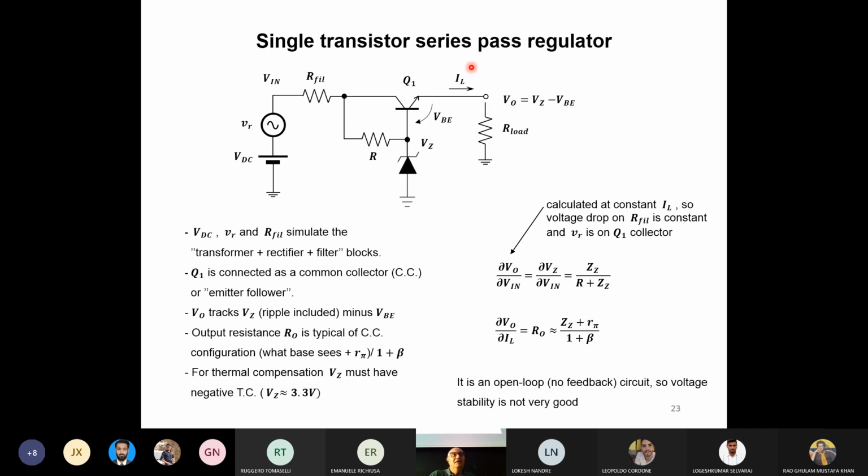So, in a second approximation, I must be sure that the base current of the transistor is not too large, that it is much smaller than the bias current for the Zener diode. Otherwise, if I take more than the current that usually goes through the Zener diode, it can get out of breakdown, and I will lose the regulation again.